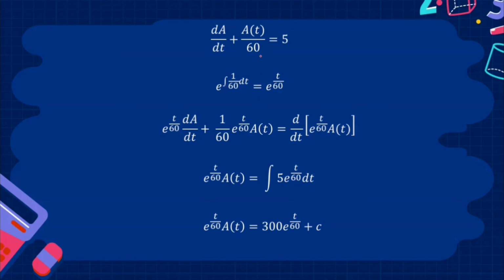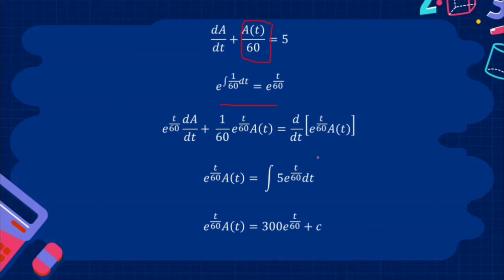In this case, our coefficient is 1 over 60. So we have exponential of the integral of 1 over 60 dt, which gives us exponential to the t over 60.